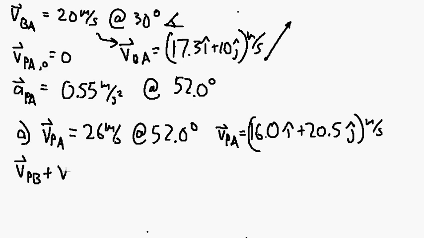So the velocity of P with respect to Jeep B plus the velocity of B with respect to A, add them up and you get the velocity of P with respect to A.